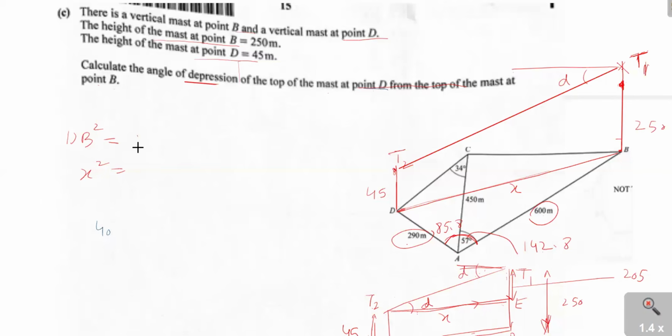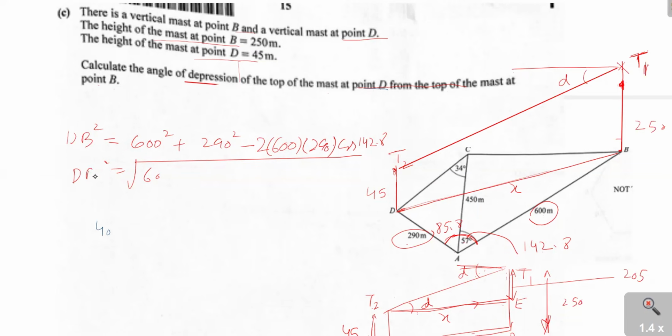First side is 600 square, second is 290 square, minus 2 times 600 into 290 into cos of the angle between these two adjacent sides. This is 142.8. This DB will be equal to square root of 600 square plus 290 square minus 1200 into 290 into cos 142.8. And this DB is X, and we can calculate this value.